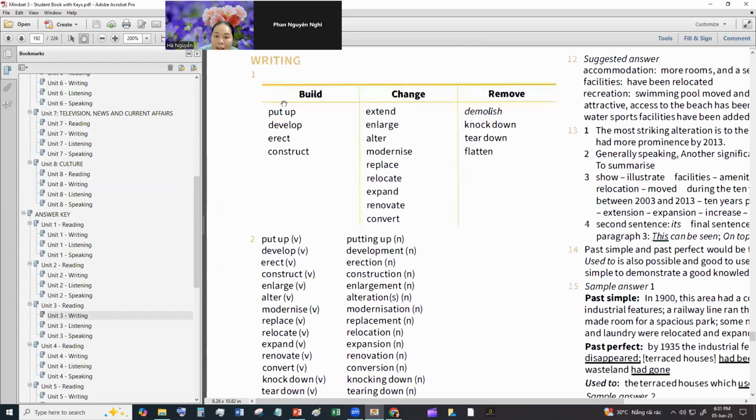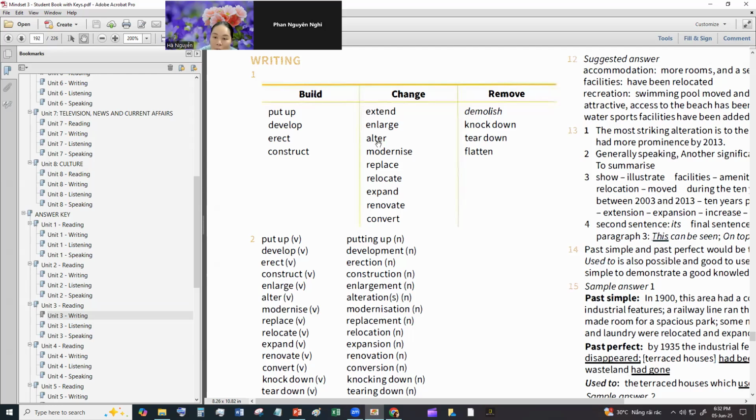Okay, so for build, we have put up, develop, erect, construct. So four verbs for build. Now, the verbs for change are much more common: extend, enlarge, alter, modernize, replace, relocate, expand, renovate, convert.